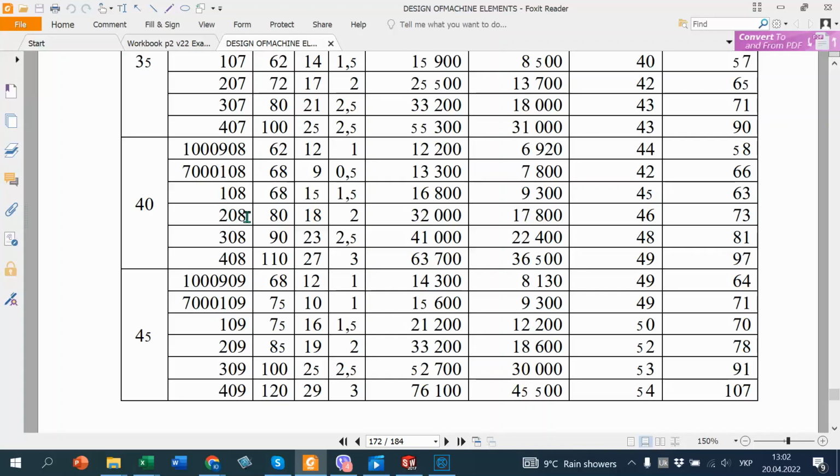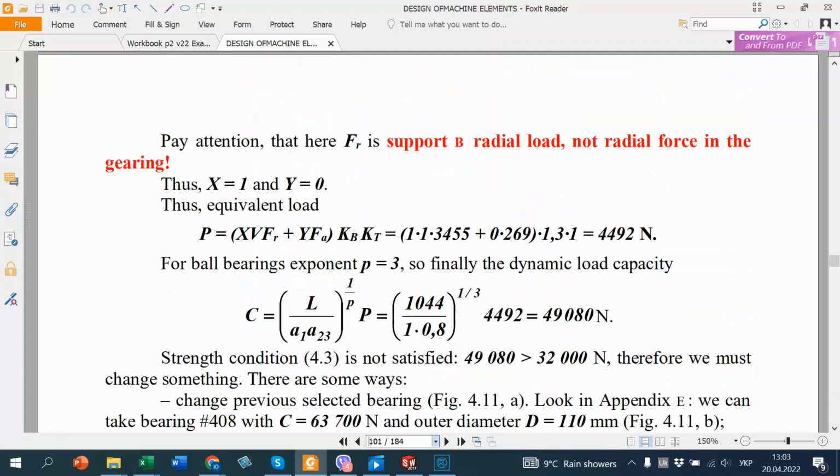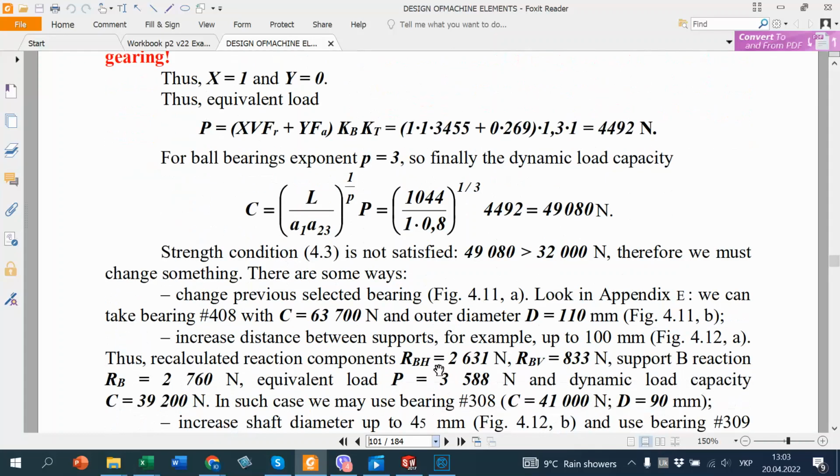So 208, 32 is not good for us. We can take a greater one. 308, it's the medium series. 41 is not enough. 408, 63, it may be. So 63, outer diameter 110. It's very big.